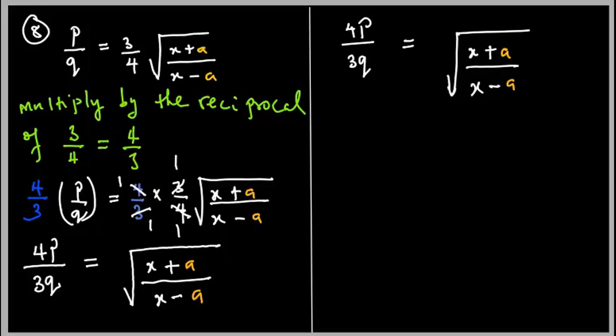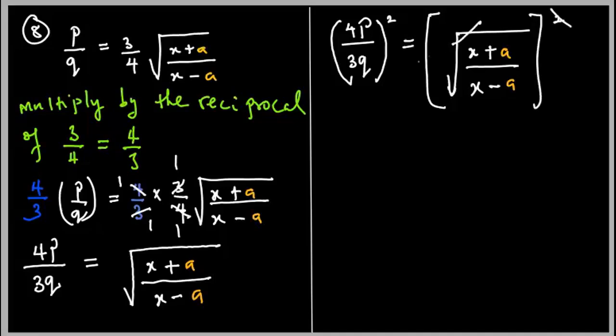Since I want to take out the square root, I must square both sides of this so that the square root cancels the square root. And then what do we have next?